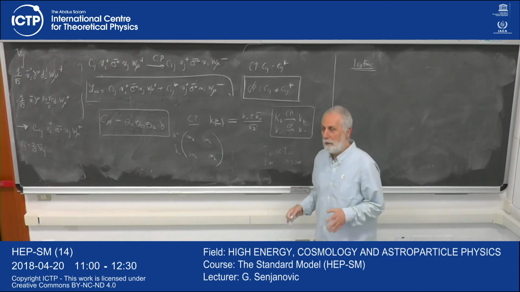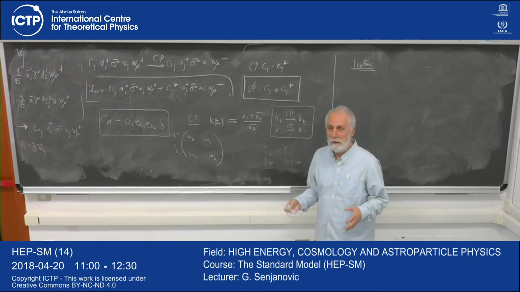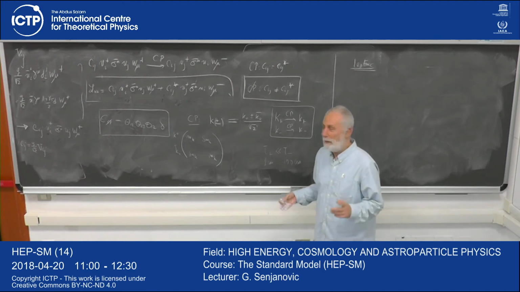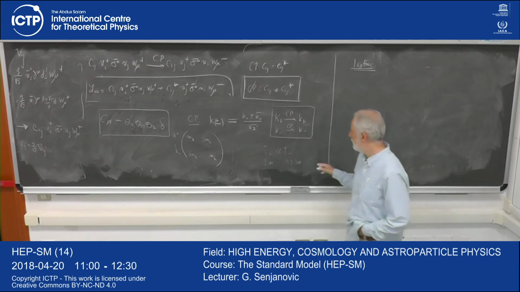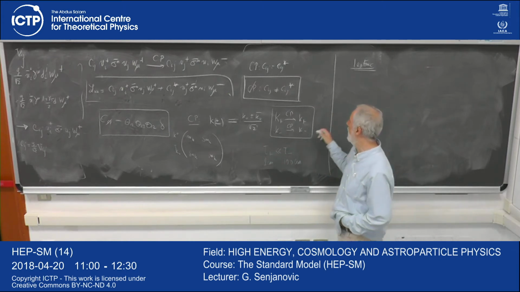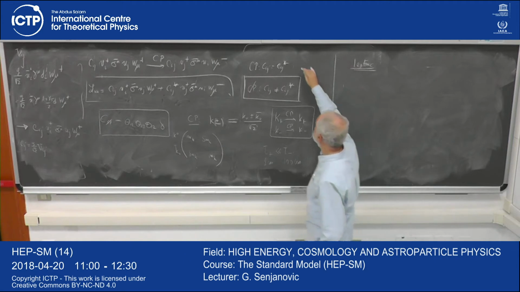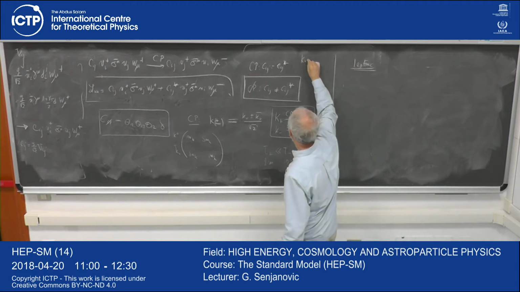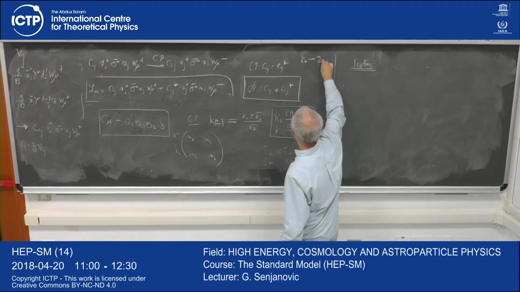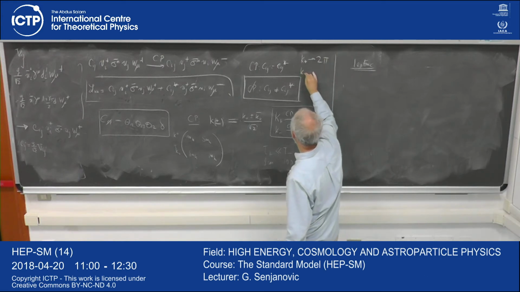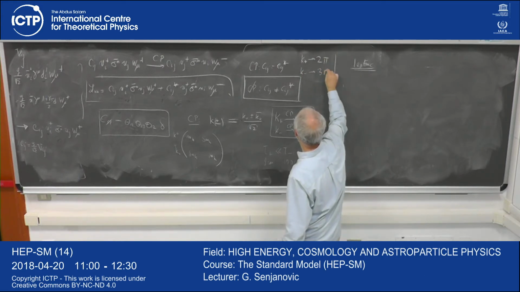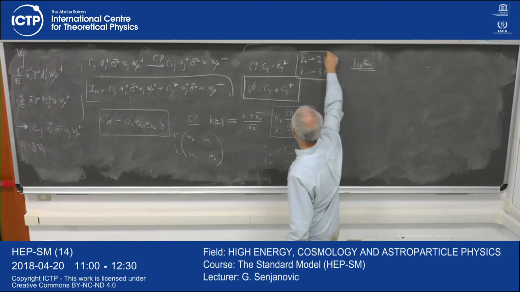So whatever I produce, after 1 meter of waiting, there's going to be only K minus. And that can decay only, so K plus decays into 2 pi combination, K minus into 3 pi combination.